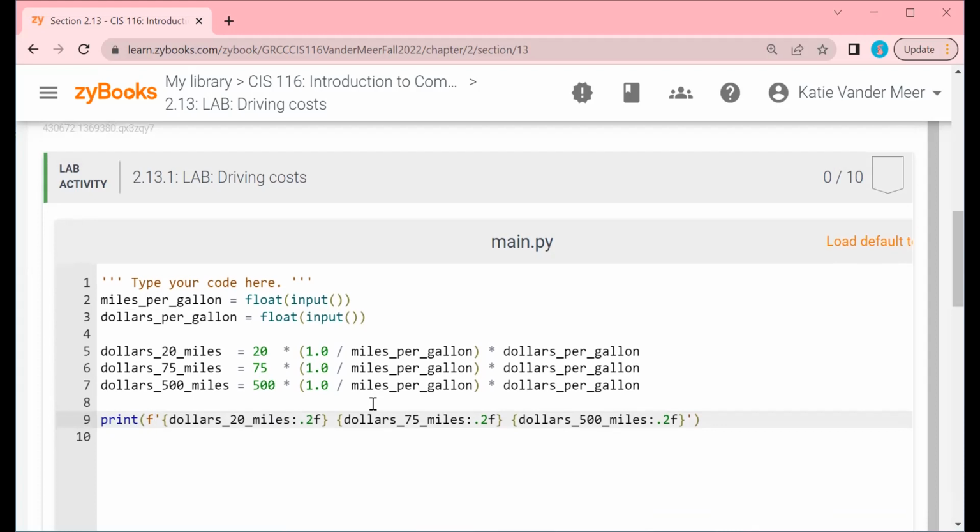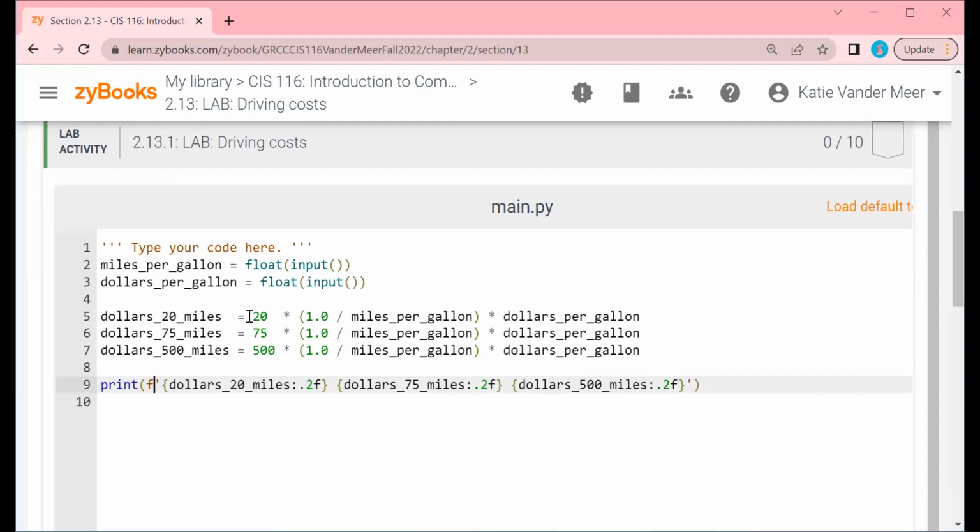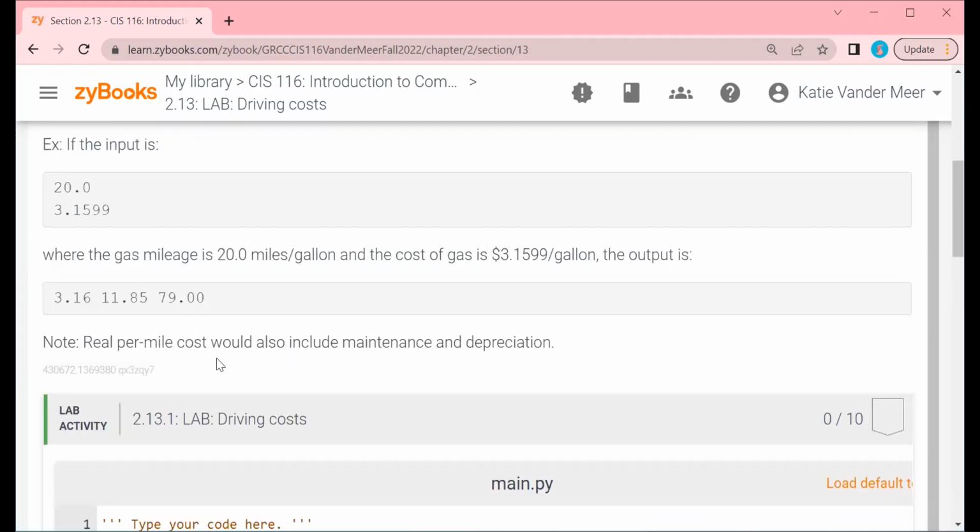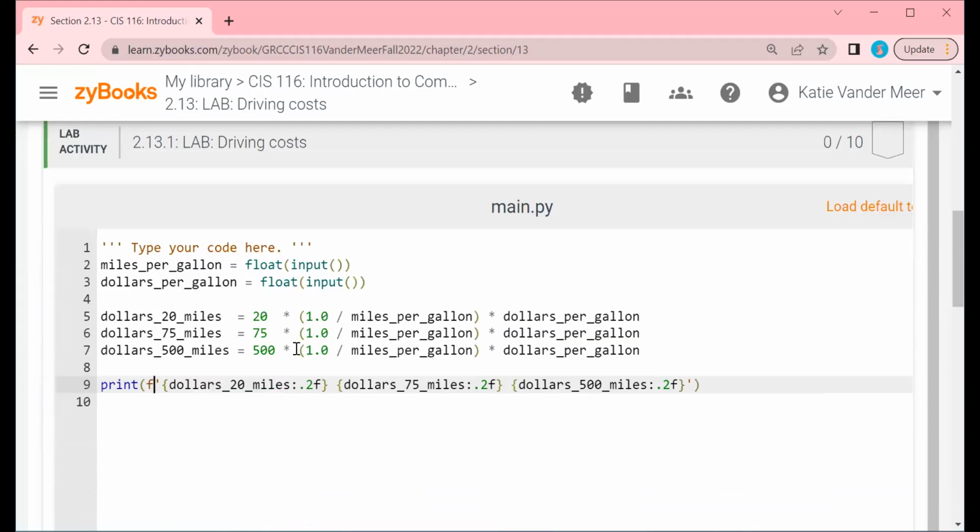Yeah, that one is. So then we have our calculations, and you'd have to work out the math. We say 20 times 1.0 divided by miles per gallon. So what were my 2 sample inputs? 20.0, and 3.1599. So on the first one, we're going to figure out how much it costs.